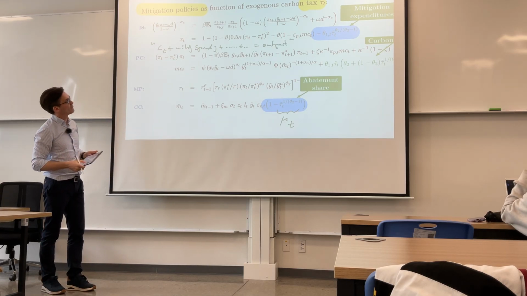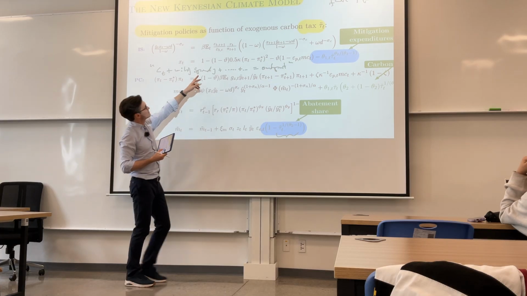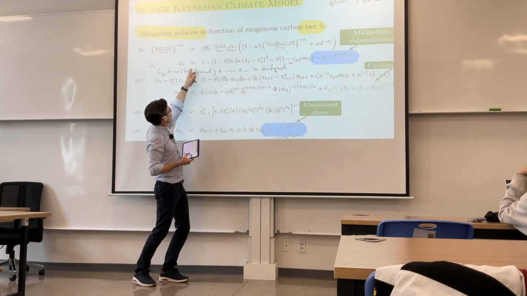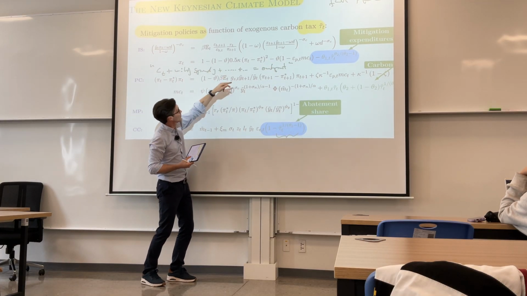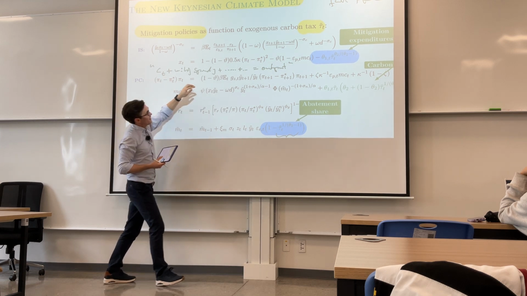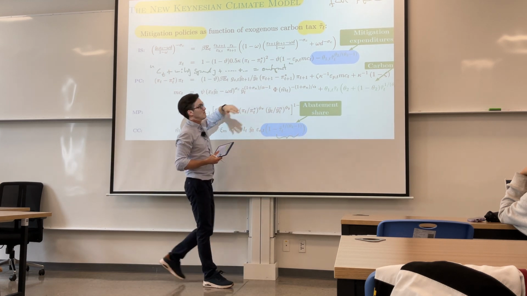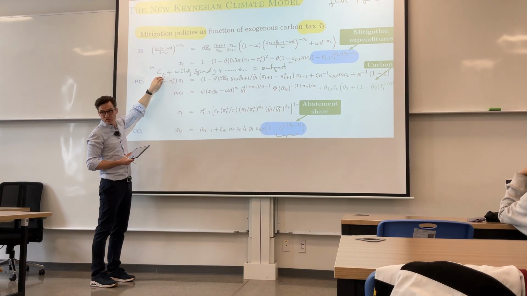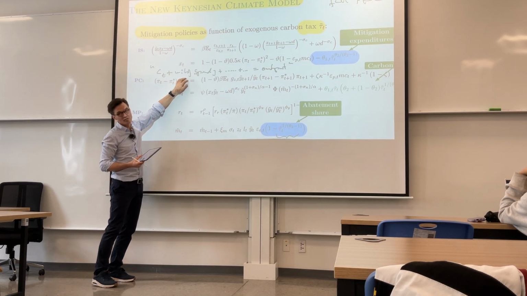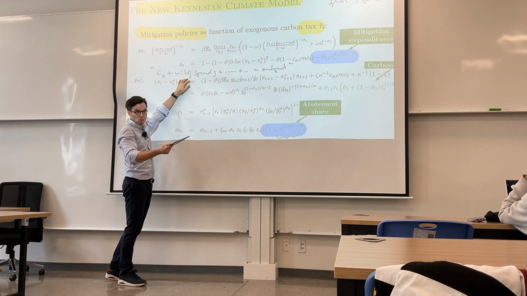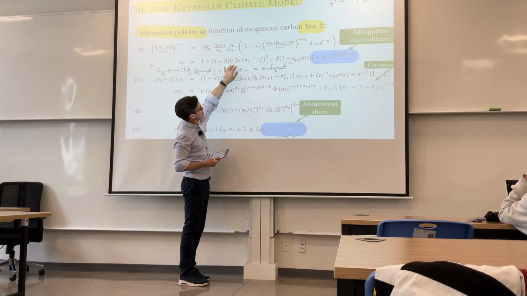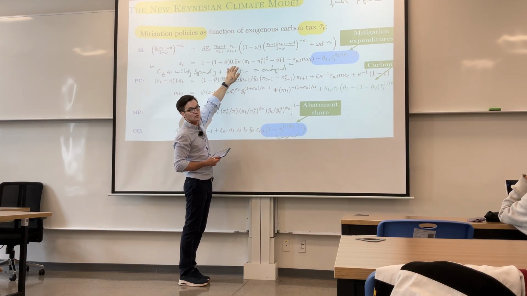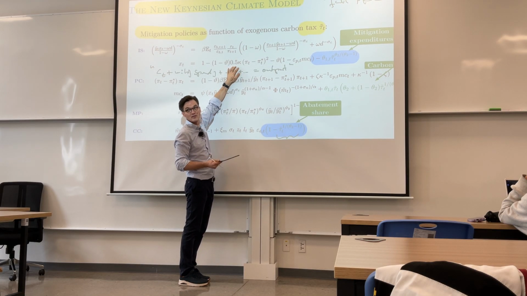So they write it in a little funny way with all these minus signs, but if you bring all these objects to the other side, what this means is that all the output produced in this economy can be used for consumption spending, for mitigation spending, and then plus all the adjustment costs. So this is the adjustment cost for prices for the firms that survive, that do not exit.